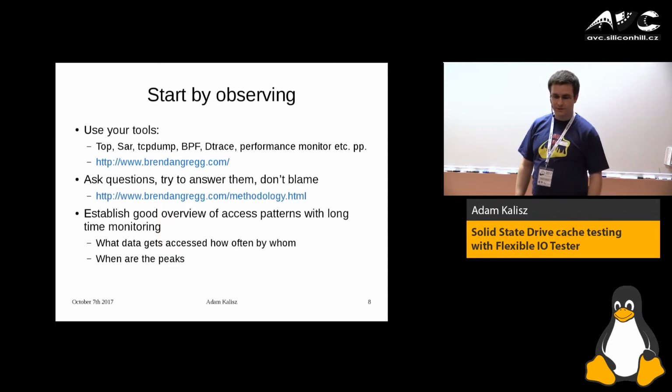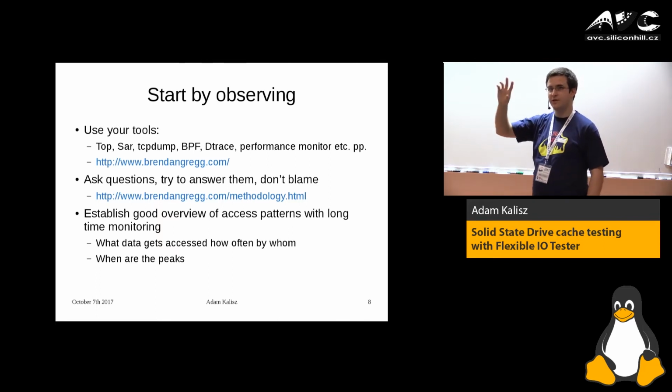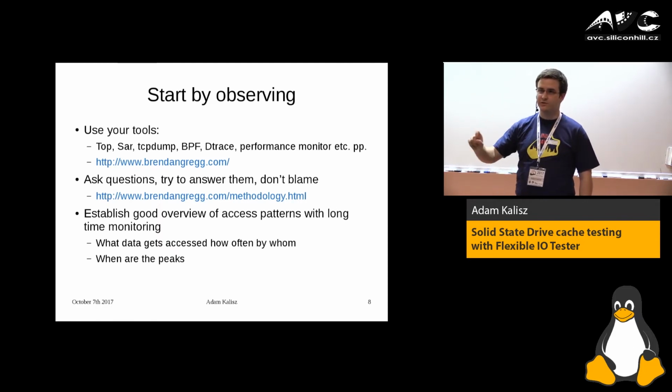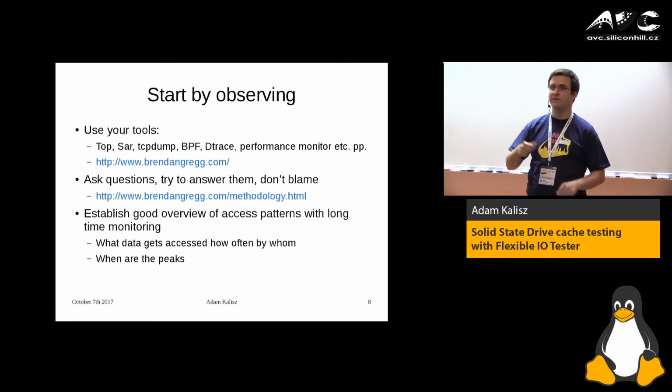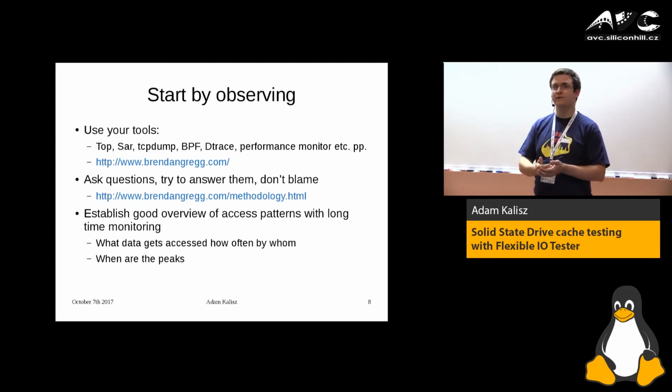So you use top, SAR, TCP dump maybe, but also newer tools in newer kernels like 3.18 or something. There is the Berkeley packet filter, and you can actually get your metrics out of the kernel directly. In Debian, the current stable kernel is 4.9, I guess. There came some tools for BPF.